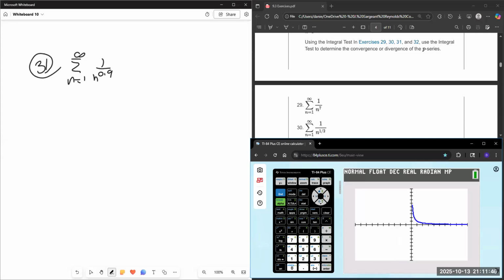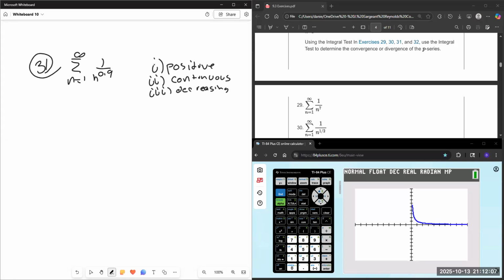Definitely positive, since 1 divided by a positive number is positive. Continuous because the only bad number is going to be 0, and that's not in my interval. Decreasing, we can prove that with a simple derivative here.